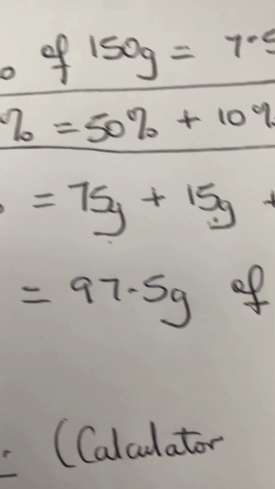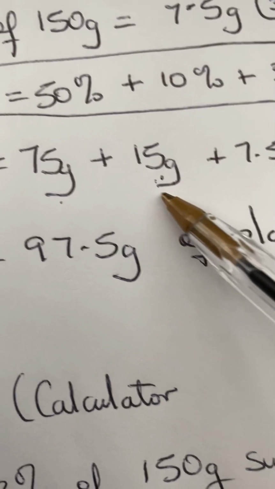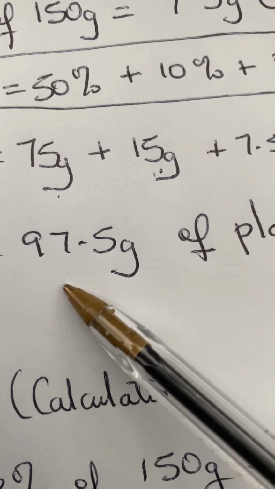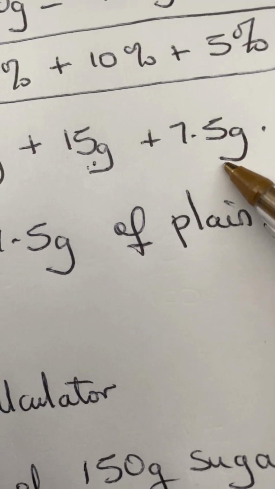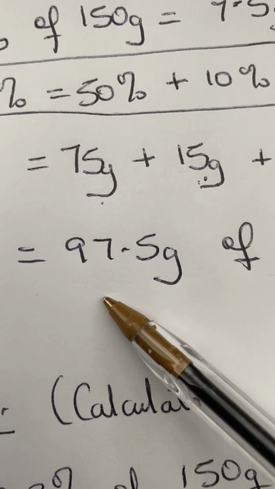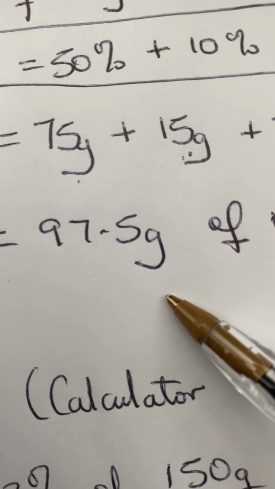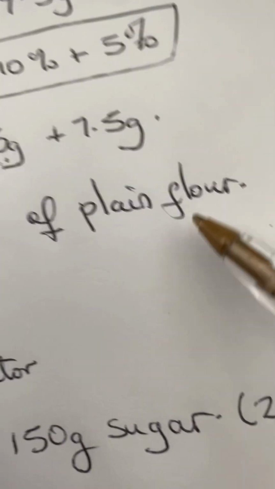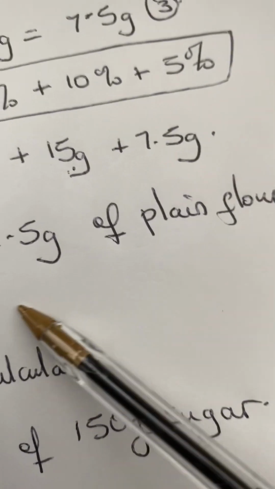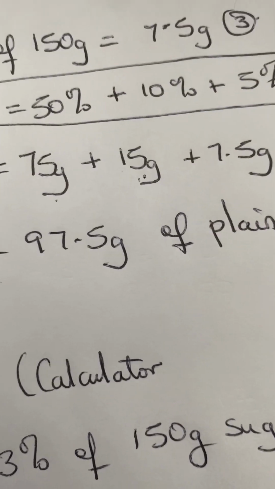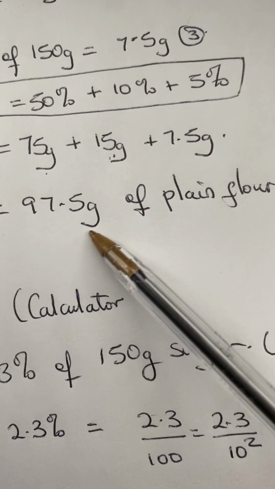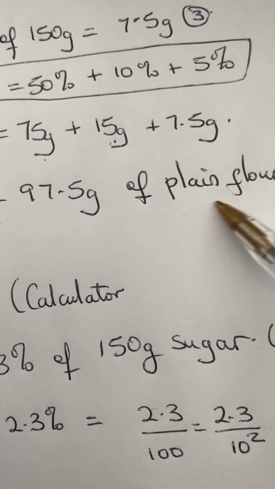So now 75 add 15 is 90. Add 7.5 is 97.5 grams of plain flour. So this is our answer, 97.5 grams of plain flour.